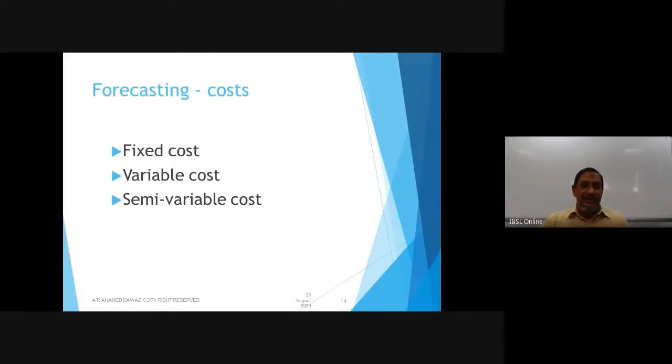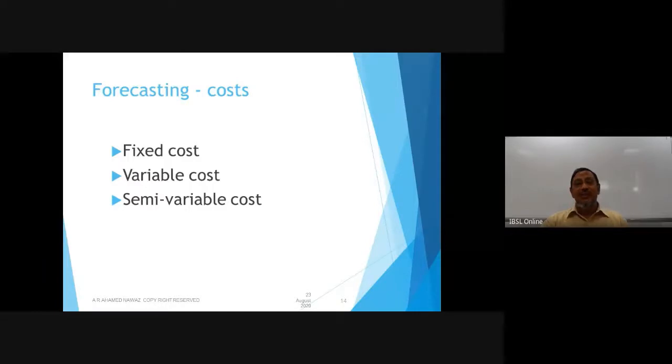We'll take into consideration fixed cost. Now, rent payment, electricity cost, utility payment, salary expenses, those are fixed costs. It has no relation to the sales. Sales increase or decrease, the same amount has to be incurred. Therefore, it's called fixed cost.